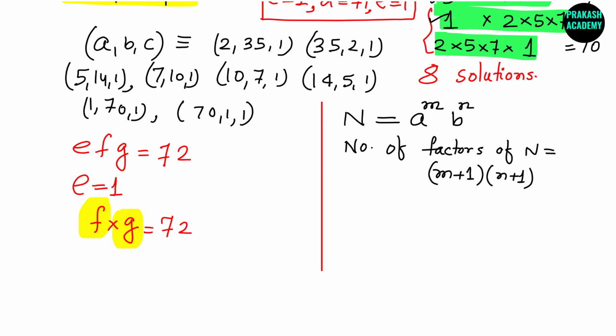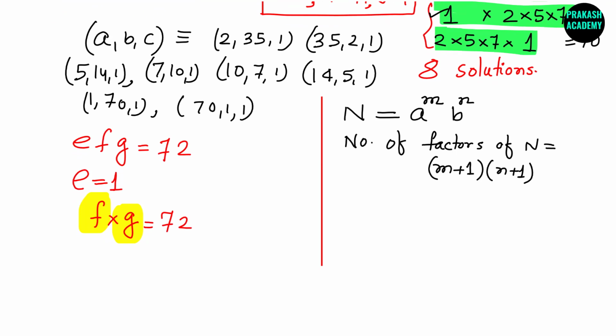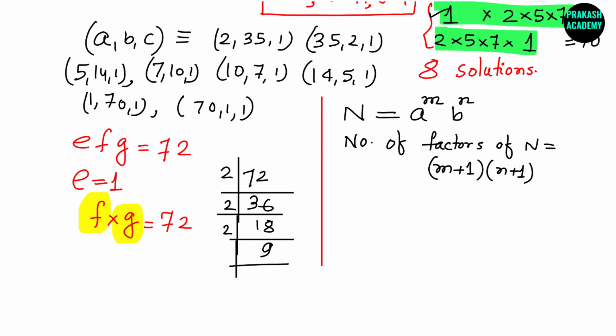So let us factorize 72. We can write 2 times 36, again 2 times 18, and then 2 times 9, and then 3 times 3. So basically F times G can be written as 2 times 2 times 2 times 3 times 3.